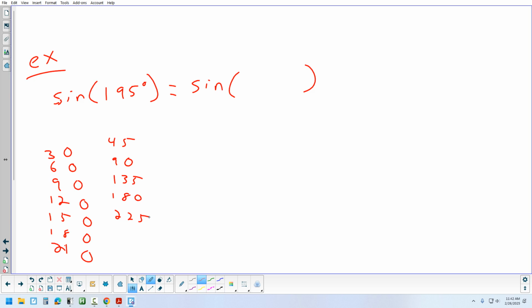Okay, you could do a 150 plus a 45. I was also thinking a 60 plus 135 as a sum. So either of those ways work for a sum. How about as a difference? Yep, you could do 225 minus 30.